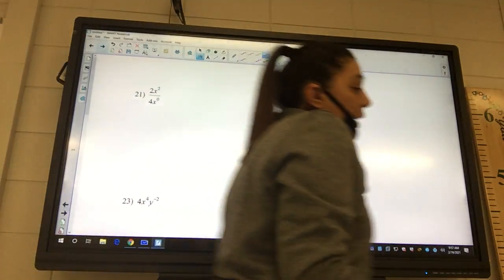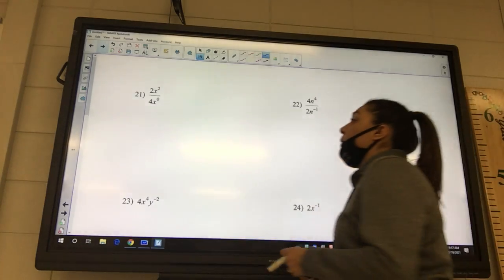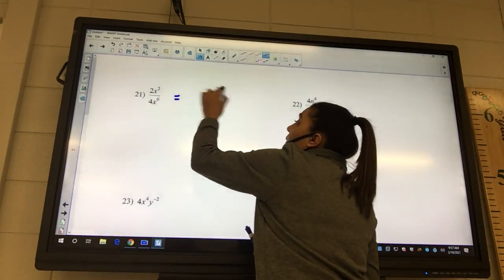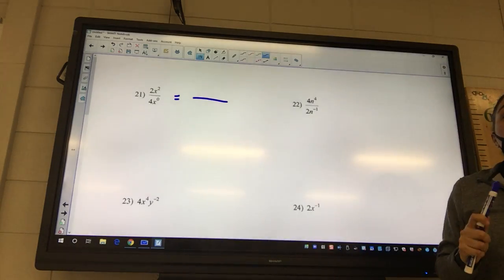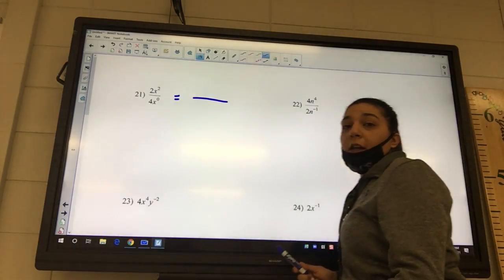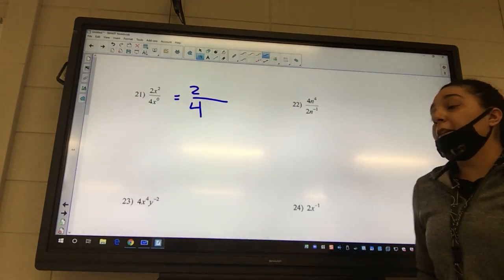Okay, 21, what kind of rule is this? It's division. What do we do with the exponents? We subtract them. Okay, so you're going to leave the big numbers alone. So write them down and leave them there. So you got 2 and a 4, and we subtract the exponents.